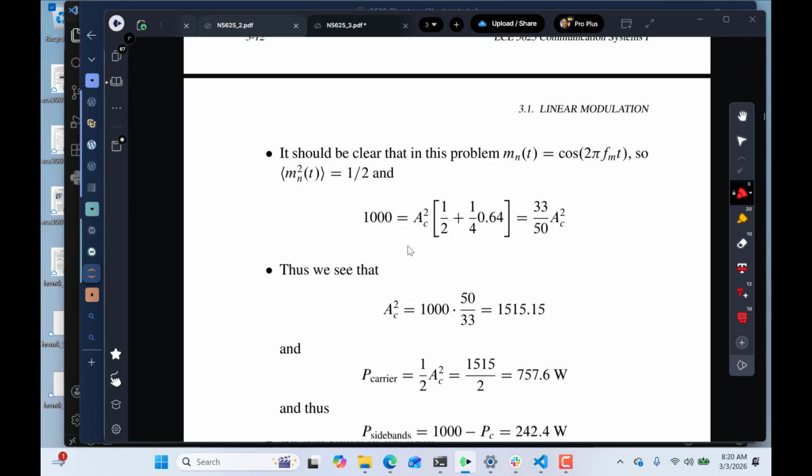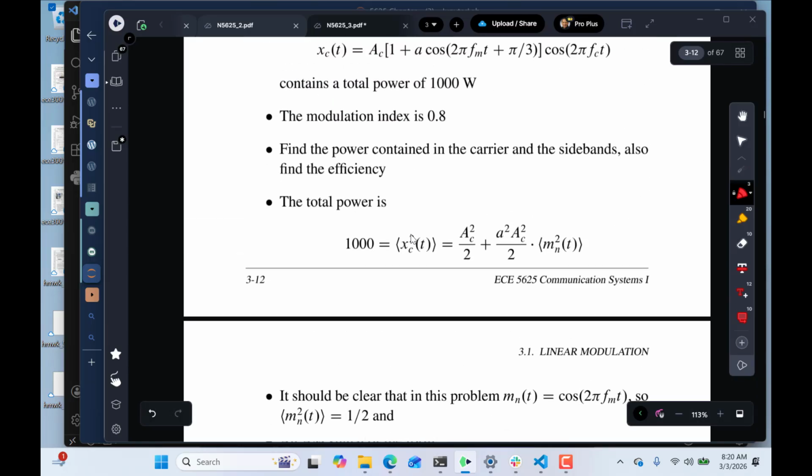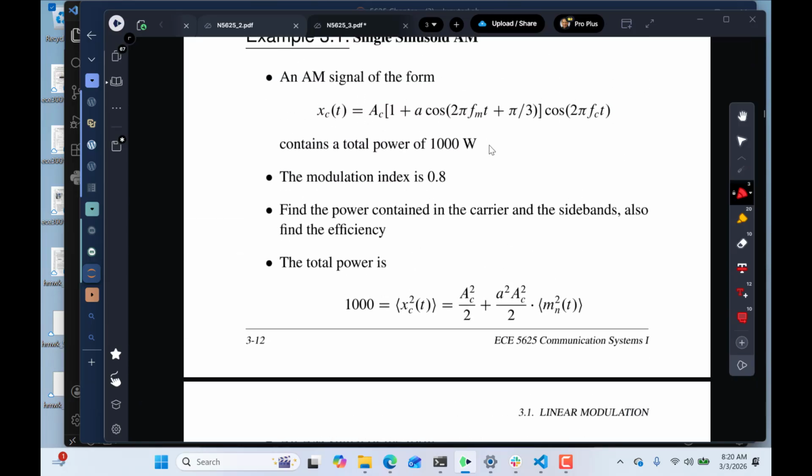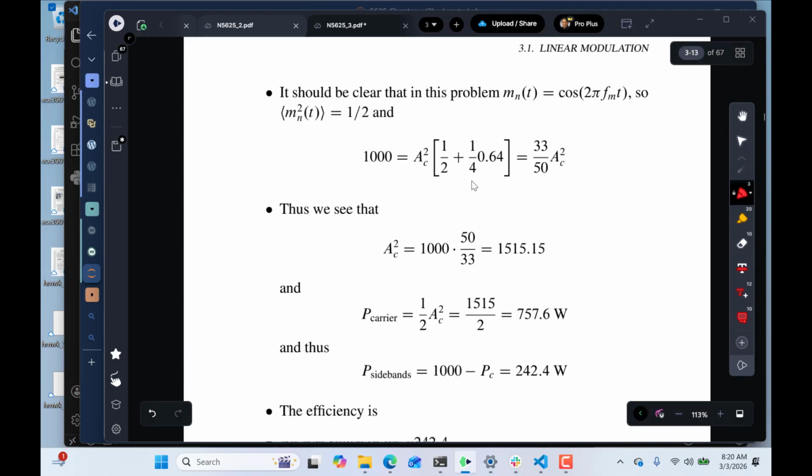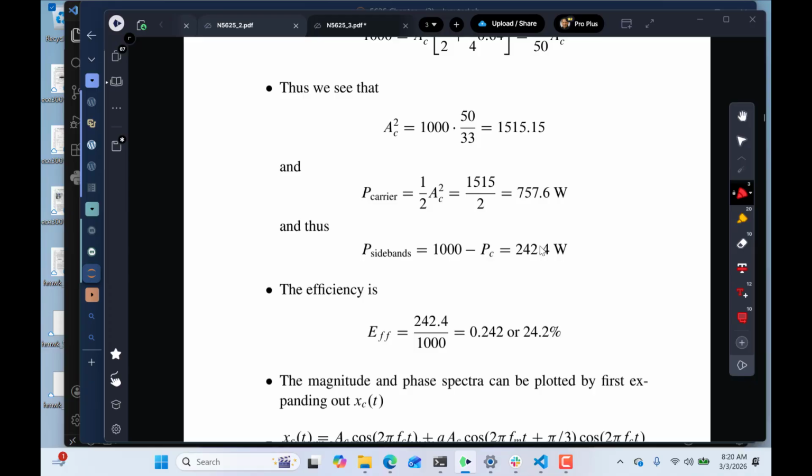And then the power in the carrier, in this example, was 1 kilowatt. Wanted to set the modulation index at 0.8. So down in here, the individual calculations are done for the power in the carrier, power in the sidebands, and then the efficiency. But you could actually get at this from different ways if you wanted to.